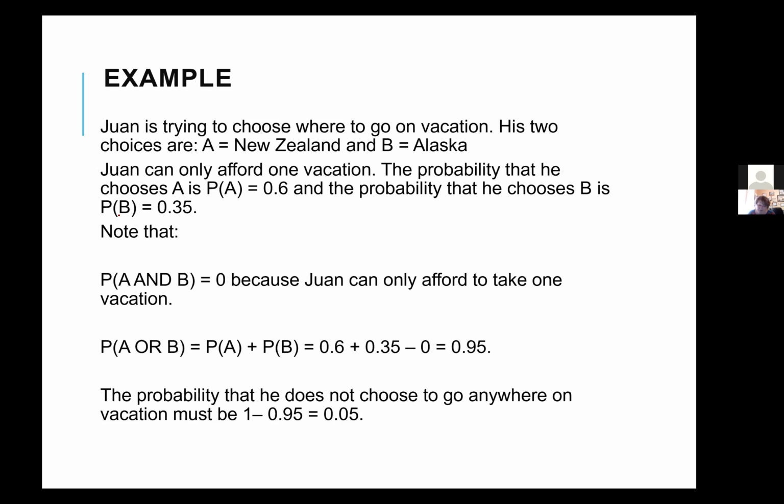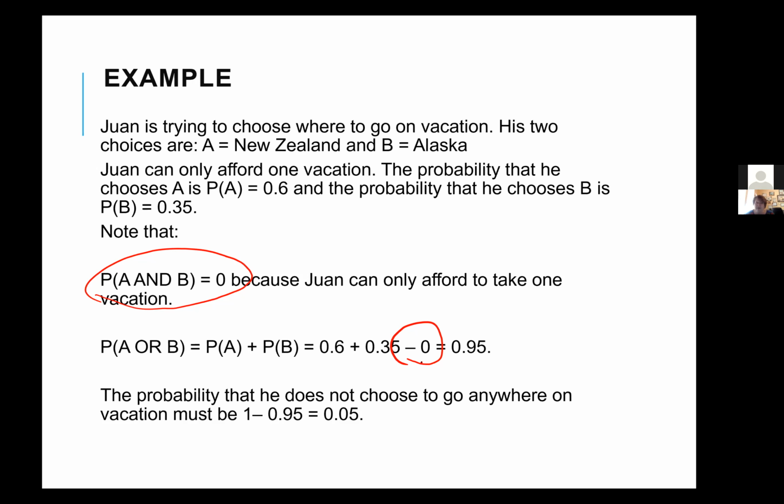Because the probability of A and B is 0, he's going to subtract off 0. So the probability he goes to New Zealand or Alaska is 0.6 plus 0.35, which is 0.95. So there's a 95% chance he's going to go someplace, New Zealand or Alaska.